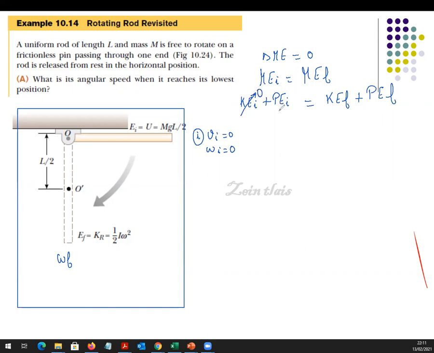What about the potential? In the case of a long object like this one, or any object, for example if we have this one and here we have an axis, and I release the object, it will move down. Here, about the potential energy, you have to talk only about the center of mass. Initially the center is here, and finally the center will move down to get the final position.